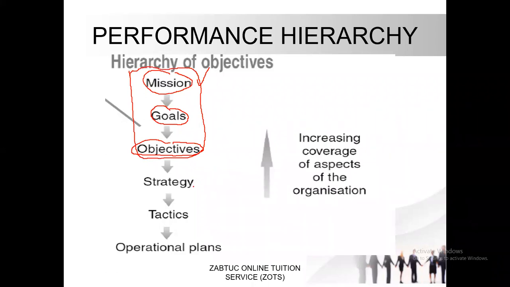After we've understood this system of what we are aiming to do as an organization, we must also identify the strategies, which should be narrowed down to tactics, and lastly, operational plans.